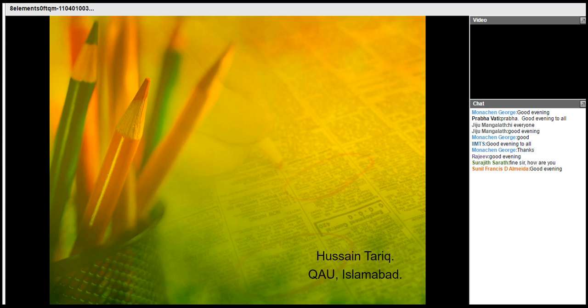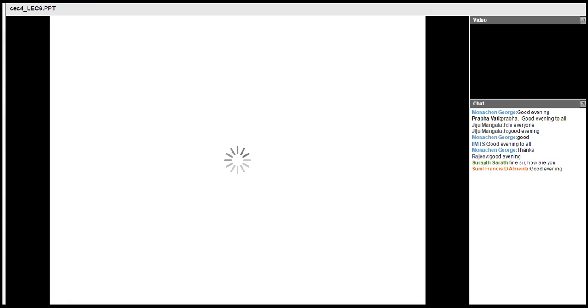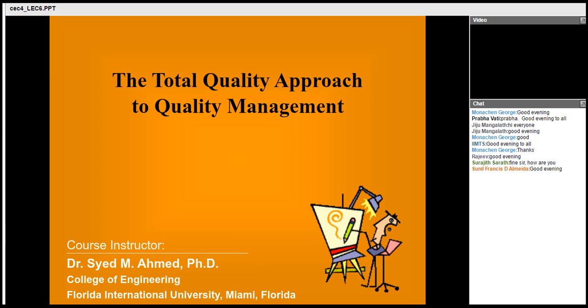The slides in which the things will be more clear.